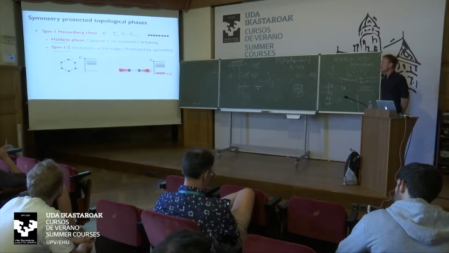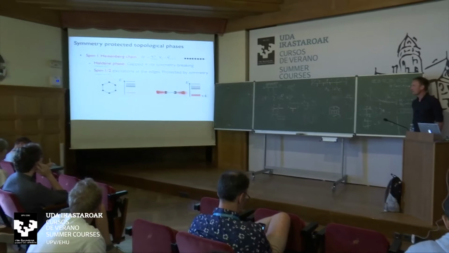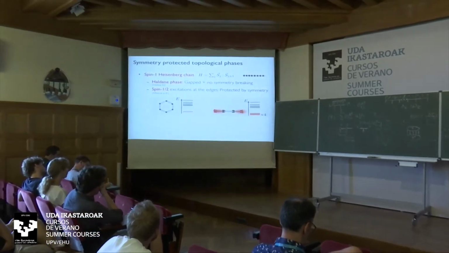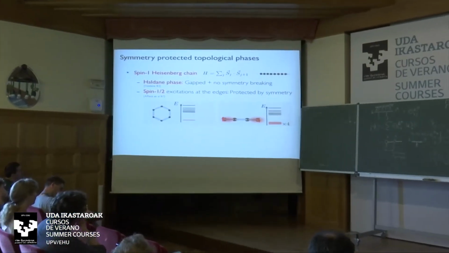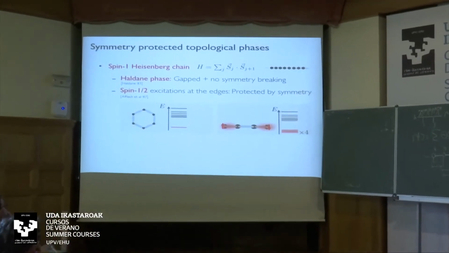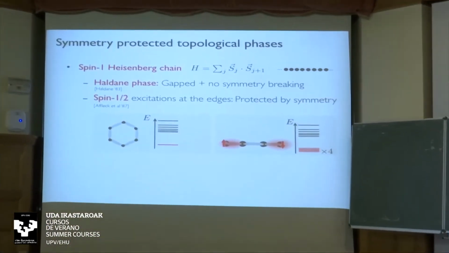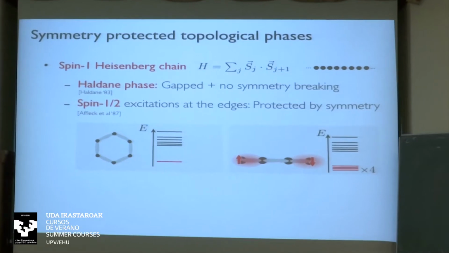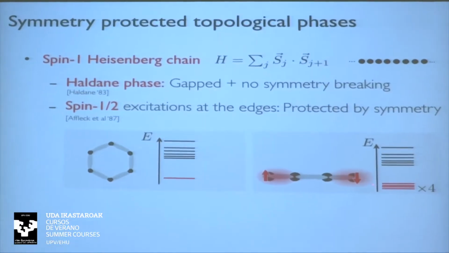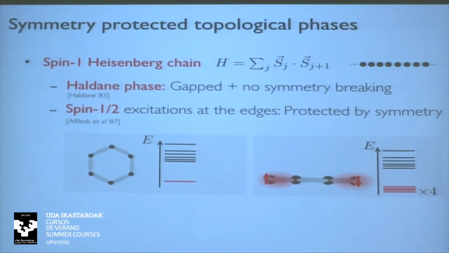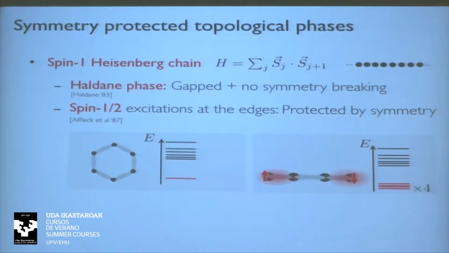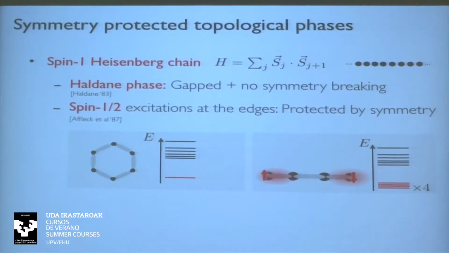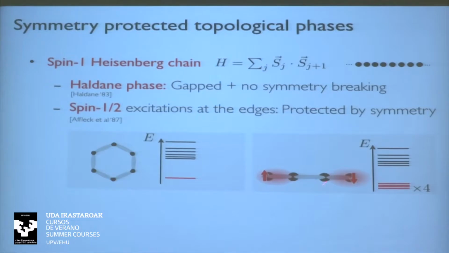Namely, if instead of diagonalizing the Hamiltonian on a ring, we diagonalize it on an open chain, then it turns out that the ground state is no longer unique, but instead there's a fourfold degenerate ground state, and this degeneracy is due to localized spin 1/2 degrees of freedom that reside at the edges of the chain.